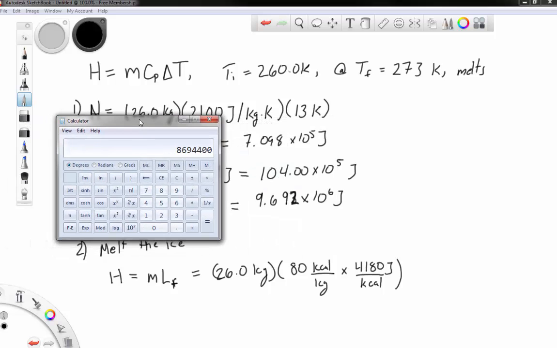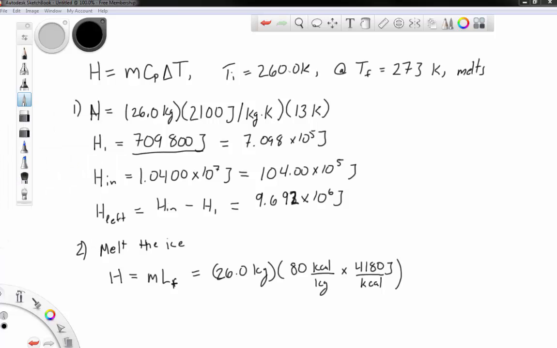So let's write that in scientific notation down here. This was the phase 2 heat, or the stage 2 heat, and we can put 8.6944 times 10 to the 6 joules. And again, we could round that at the end.